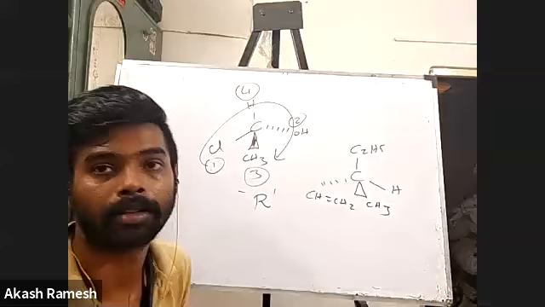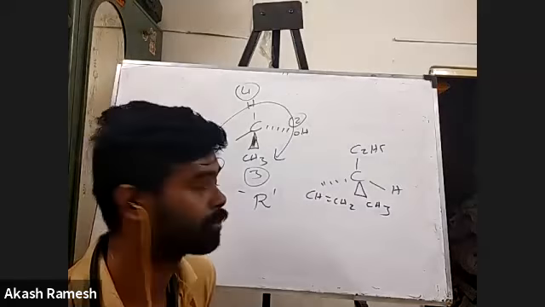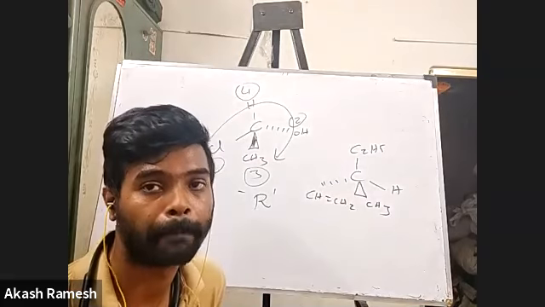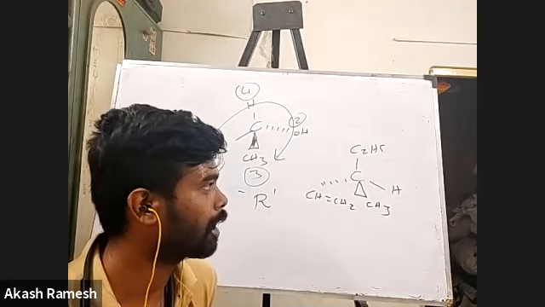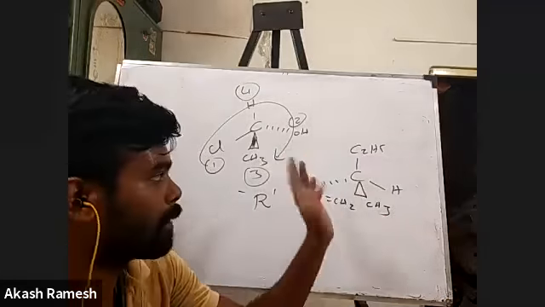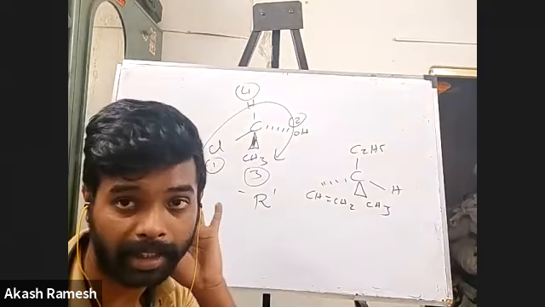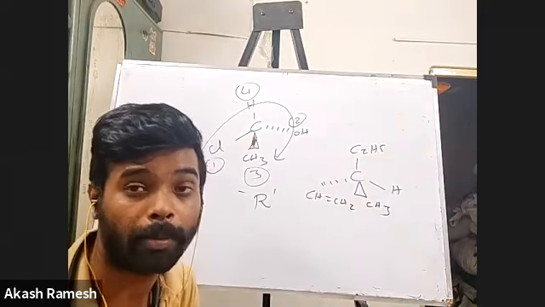Fine, I have to assign priorities for this one. Let me see how we are going to do it. There is definitely going to be confusion when the competition comes. Now CH3 is definitely the least, or you can go by the normal procedures.